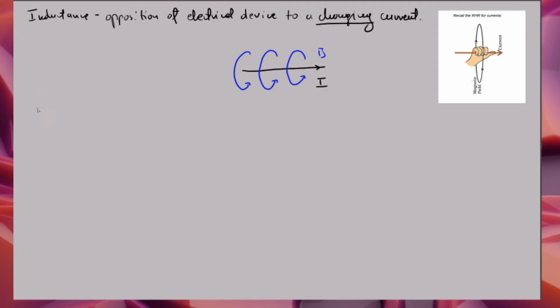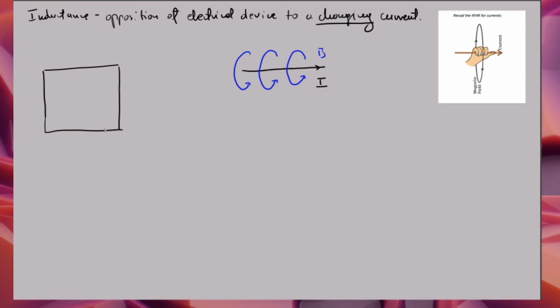Suppose we have a loop. Let me change the color. Suppose we have a loop, and the loop looks like this. It's just a square loop. Then let's say that somehow you set up an external magnetic field.